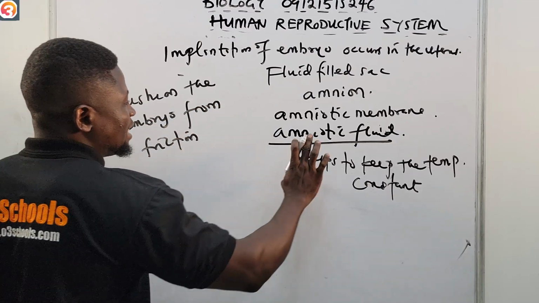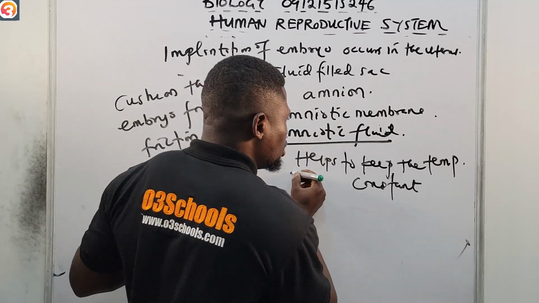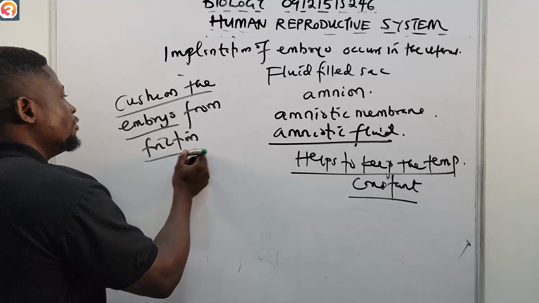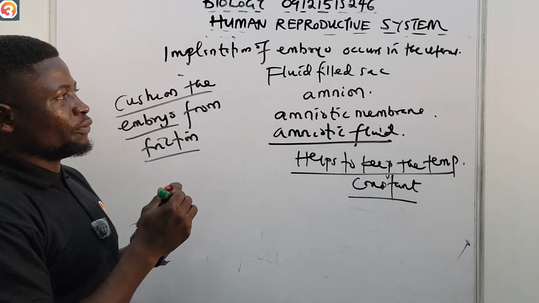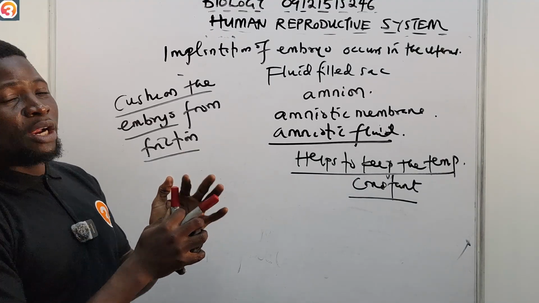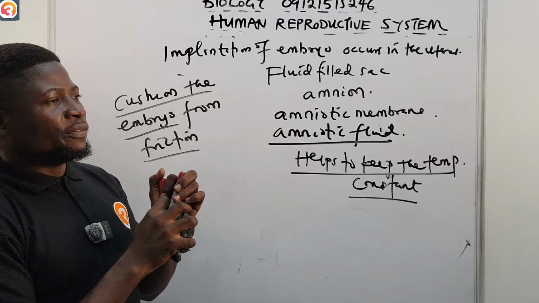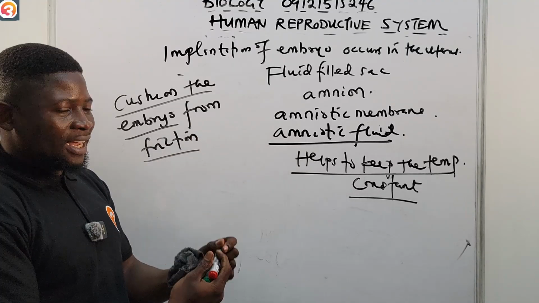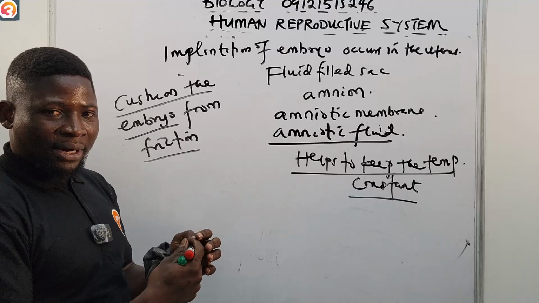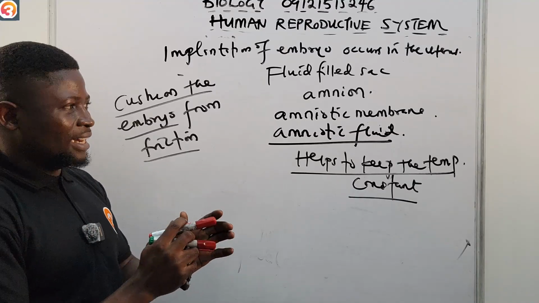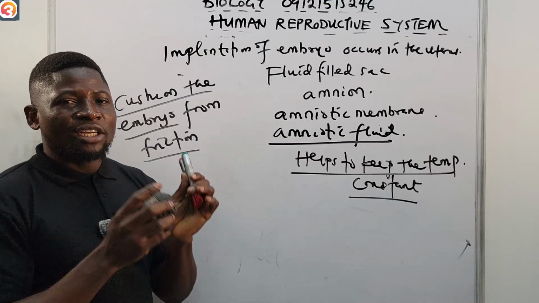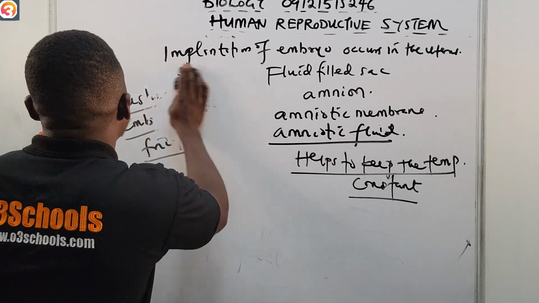So that's the function of the amniotic fluid. It helps to keep the temperature constant, and also to cushion the embryo from friction. You must take note of that. The implantation of the embryo occurs in the uterus. It grows within a fluid-filled sac known as the amnion, which forms the amniotic membrane, and the amniotic fluid helps to keep the temperature constant and cushion the embryo from friction.